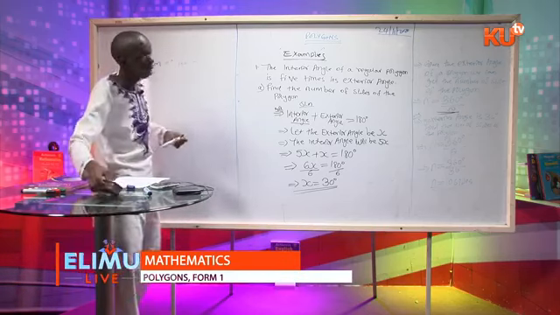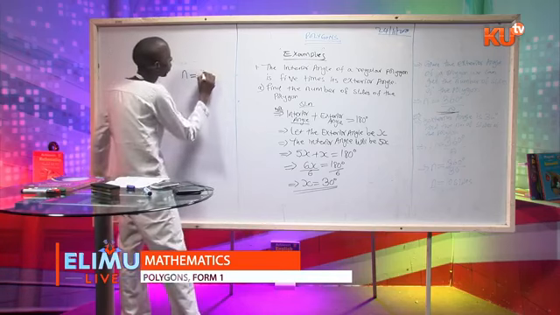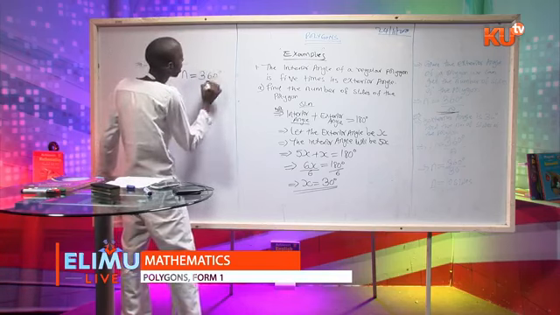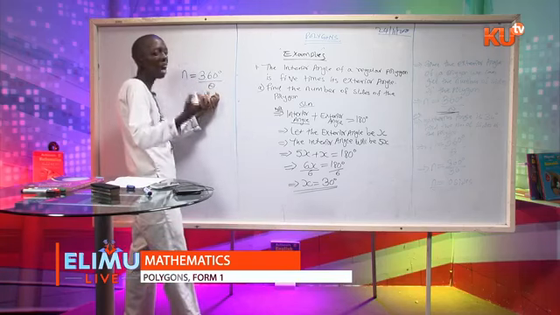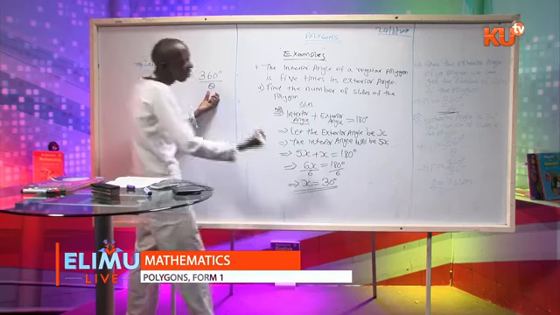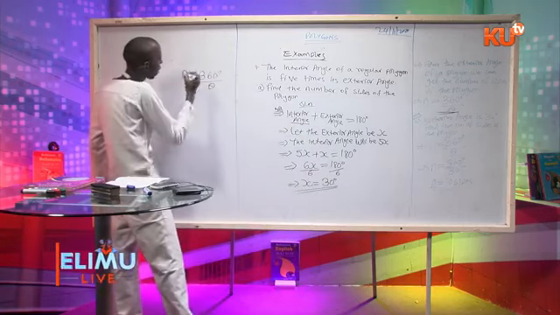So, n is given by 360 degrees divided by theta. And we said theta is the exterior angle. And we have seen that the exterior angle is 30 degrees.